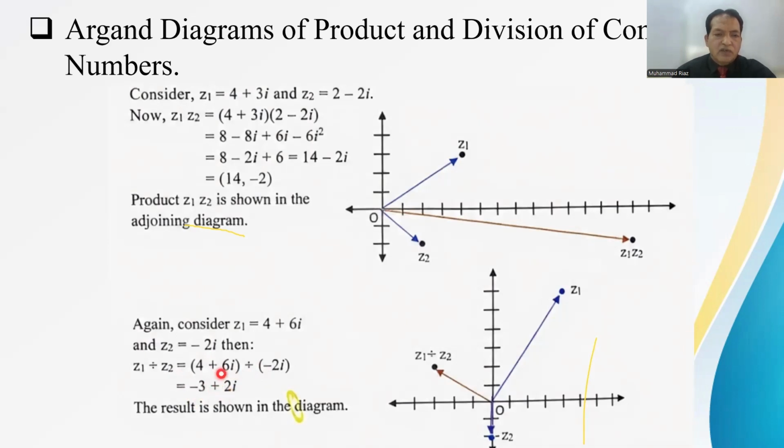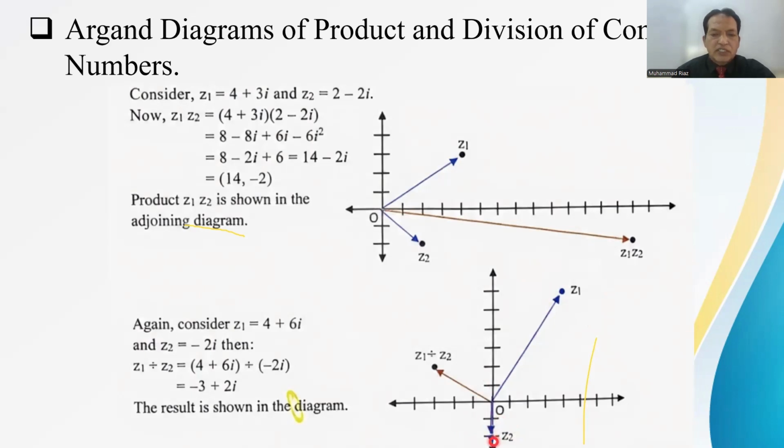Now first of all, in the division case, we represent z1: real part 1, 2, 3, 4, and imaginary part 1, 2, 3, 4, 5, 6. z1 is the first complex number in the division case, and z2, look at this, z2 is the second complex number, minus 2 iota. The value of x is 0 and the value of y is minus 2.